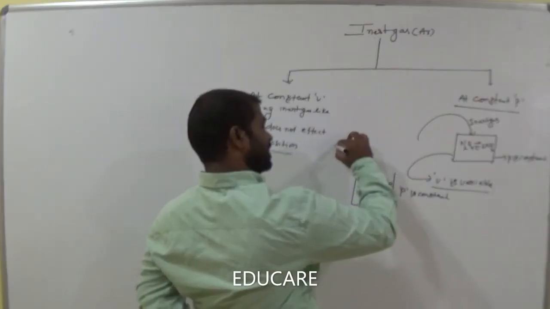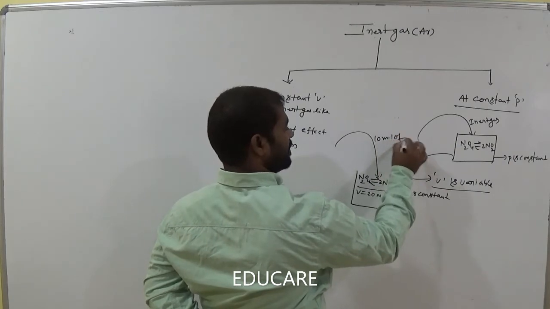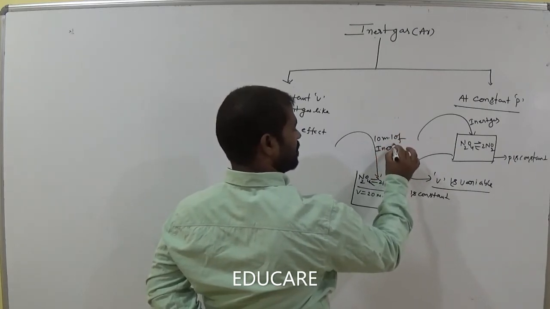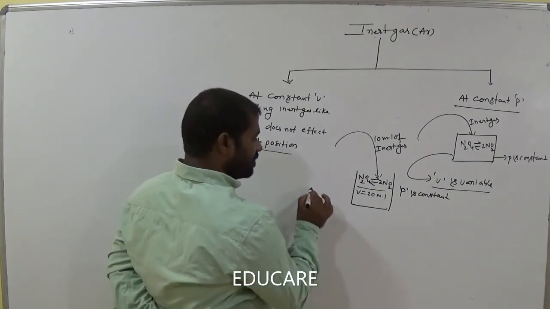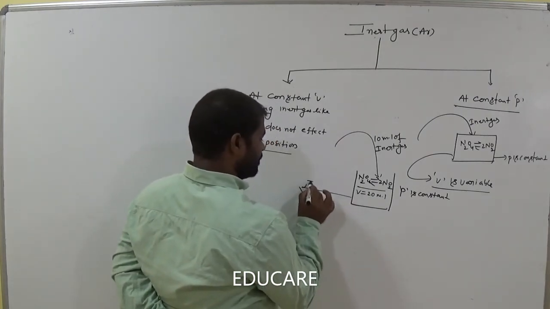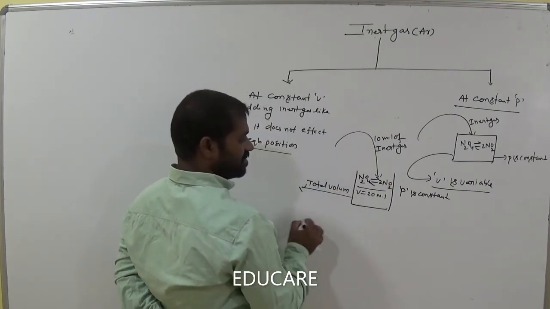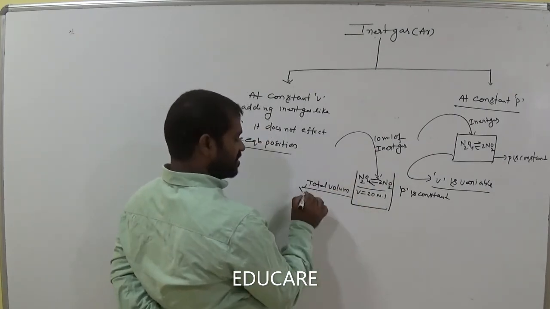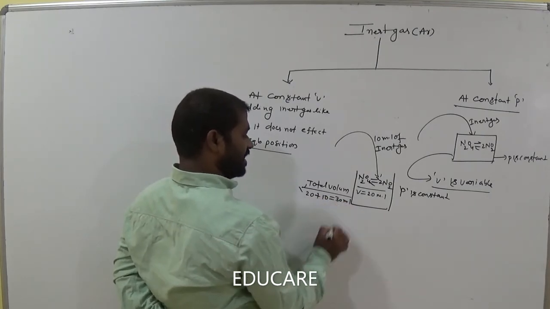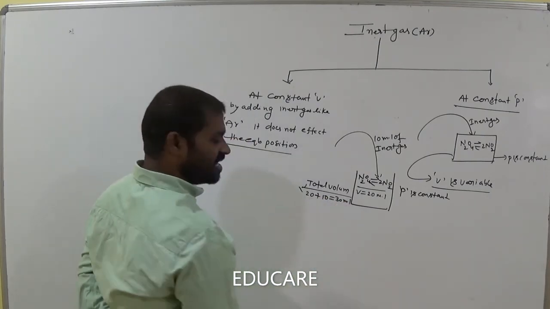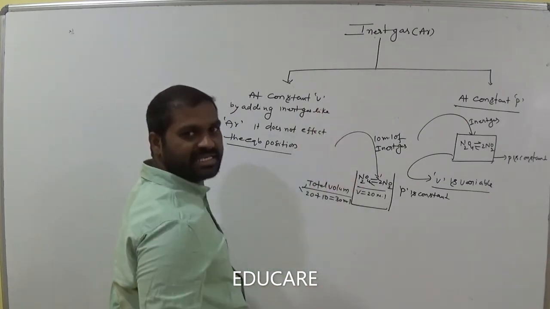Now we add 10 ml of inert gas. Now the total volume is 20 plus 10, 30 milliliters, am I right? By adding inert gases, the volume of the mixture increases.